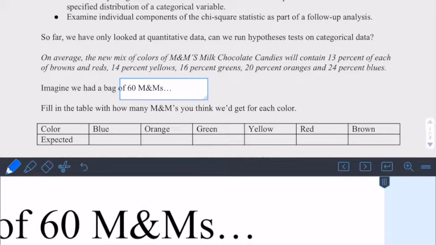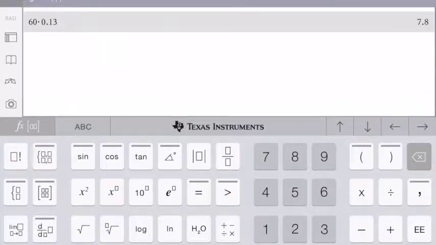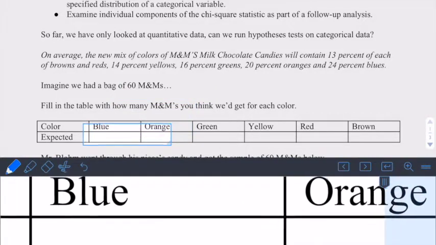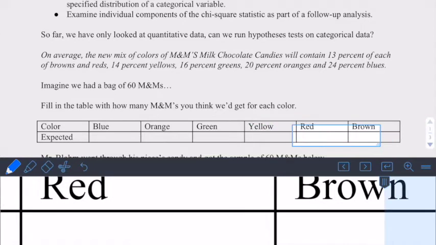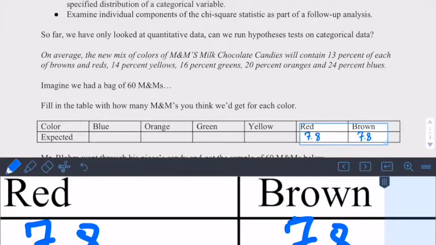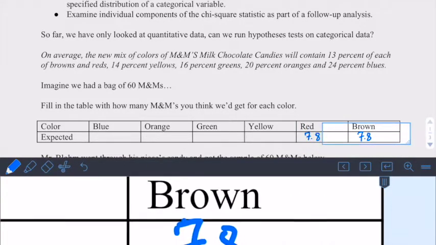I'm going to jump right to my calculator to do that. So 13% of 60 will give us 7.8 browns and reds. Now that's not really possible, so we'd probably expect about 8 of each.